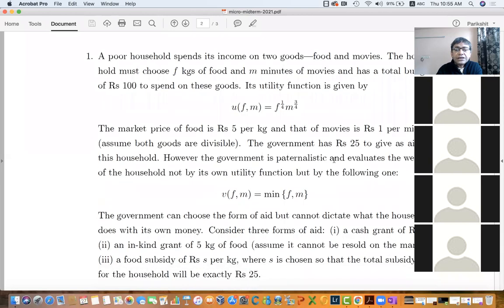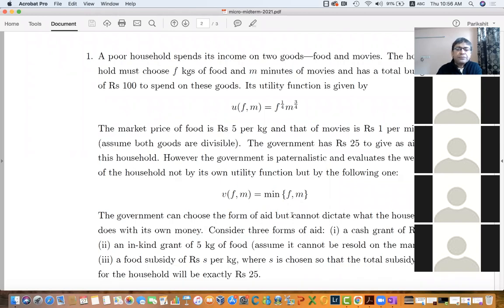Now, the government is paternalistic. The government has its own view about what constitutes welfare for this household. And this is captured by saying that the government utility function projected onto the household is the min function, the Leontief function.